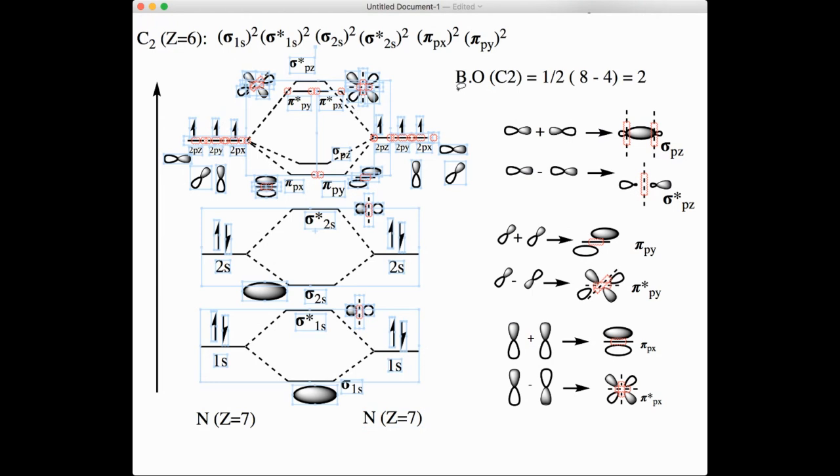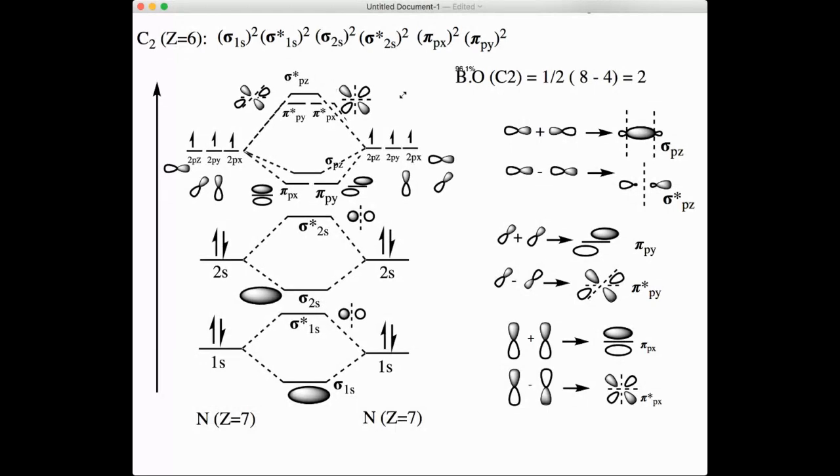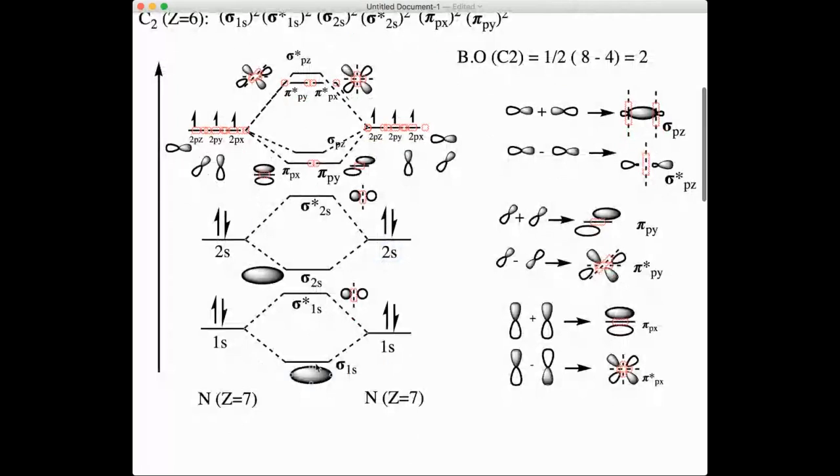So my next question is, how many electrons should we place in my molecular orbital diagram for the N2 molecule? So that would be a total of 14 because each nitrogen has 7 electrons. So 7 and 7, 14 electrons.